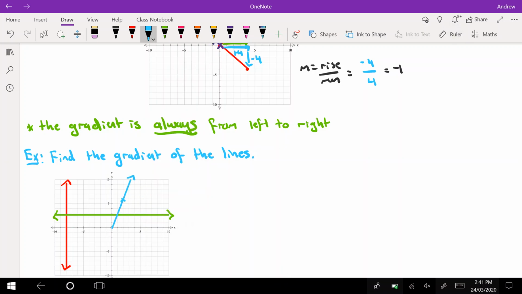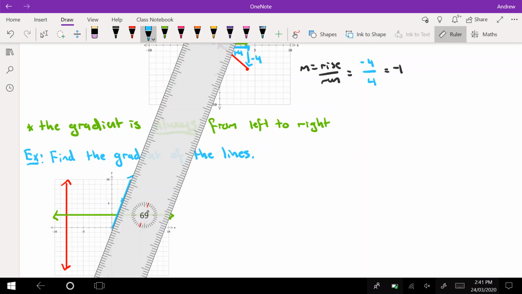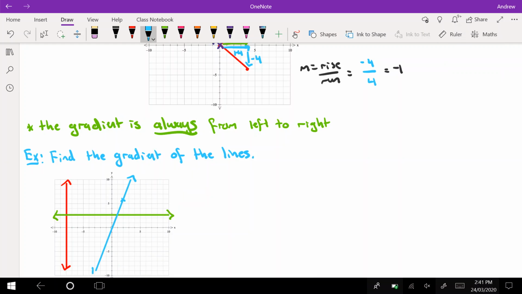So we've got 3 lines now drawn. Actually, I'll continue this line on. That should be continued on. There we go. And I need to try and find the gradient of all of them.